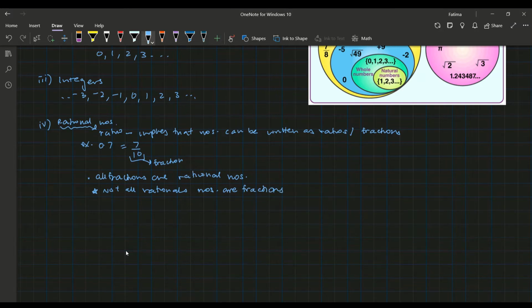What I mean by this is, well, actually first we'd have to define what exactly a fraction is. Fractions can be written in the form p by q, where p and q are integers, q is not equal to 0, and q does not completely divide p.